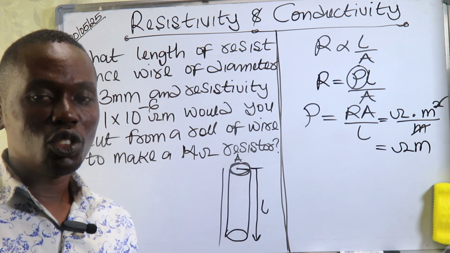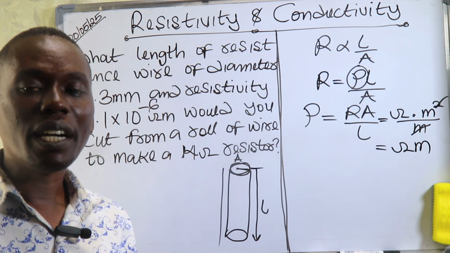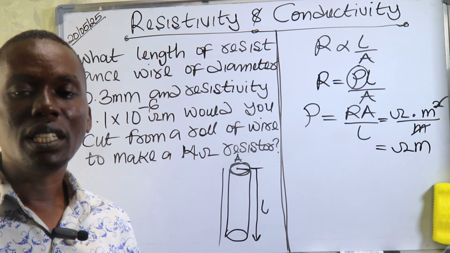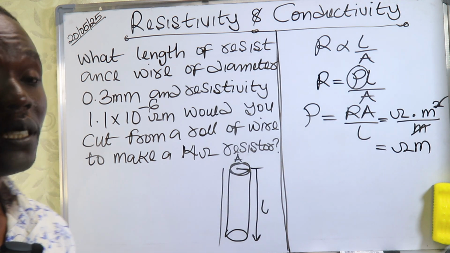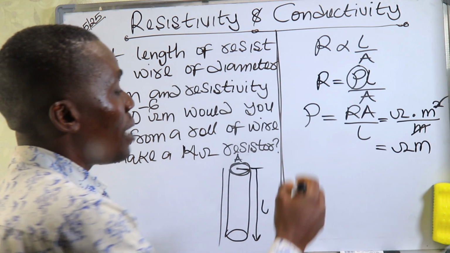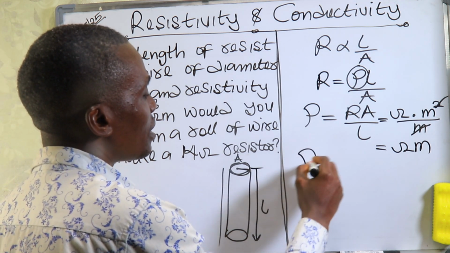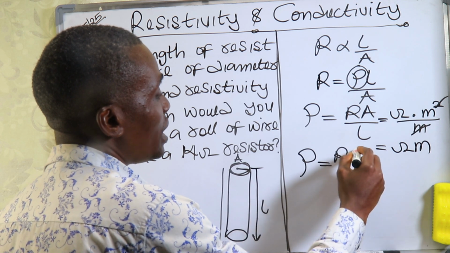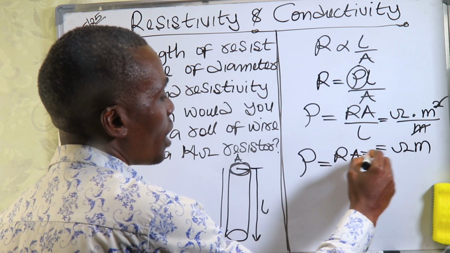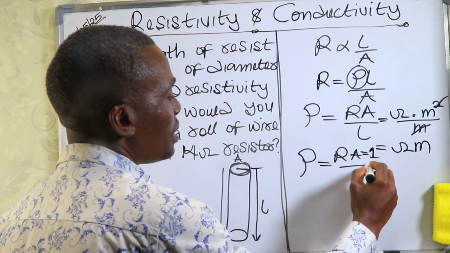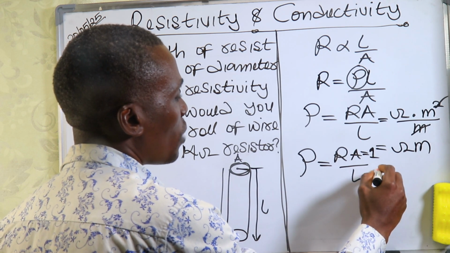So how can we define the resistivity of any conductor? The resistivity of any conductor is when the cross-sectional area is 1 and the length is equal to 1.